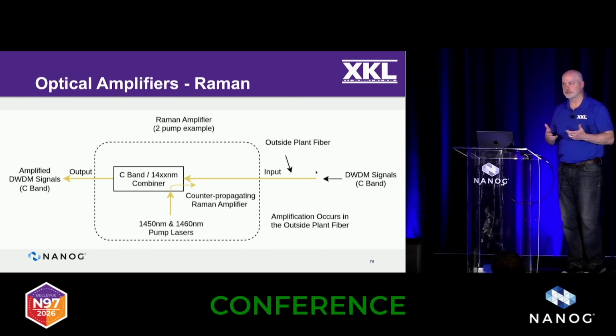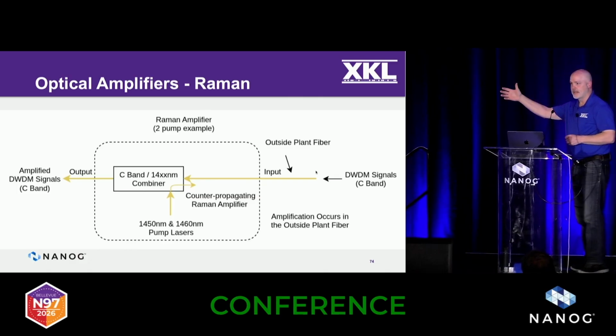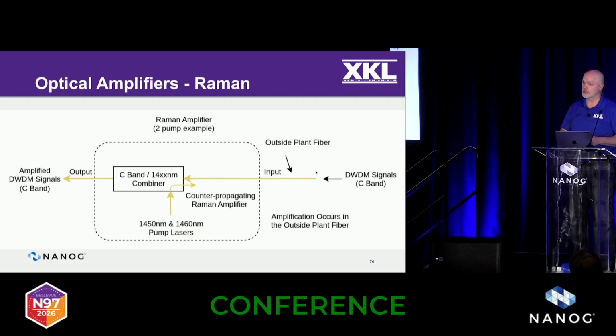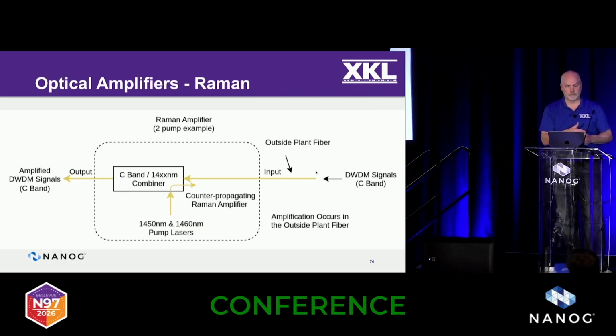That's a safety feature. If the fiber were disconnected, you wouldn't see any of that C-band, and the Raman would have to automatically shut itself down. So that's why counter-propagating is a much more common Raman than a co-propagating Raman. You don't have that C-band signal to help you do an eye-safe shutdown. I'm not going to talk too much more about that, but you can certainly ask me more questions about it.